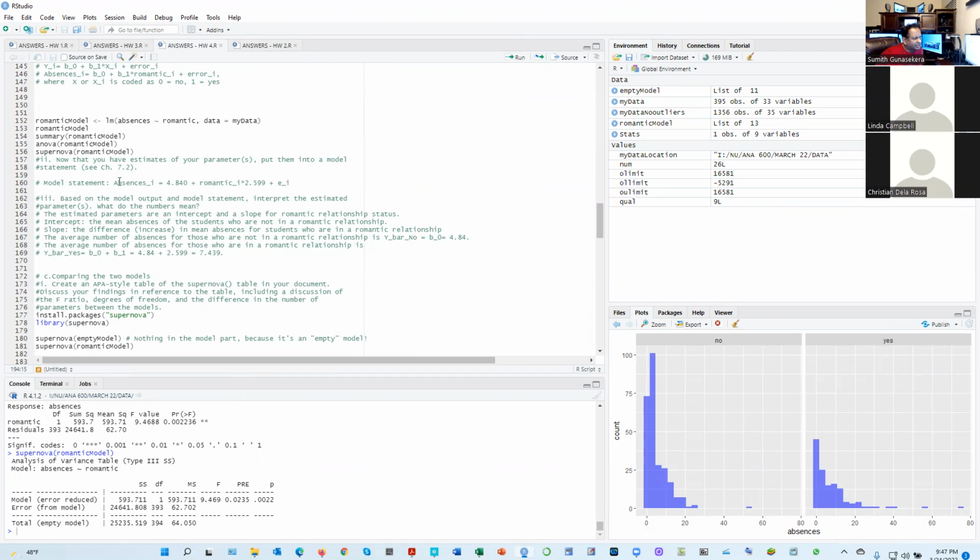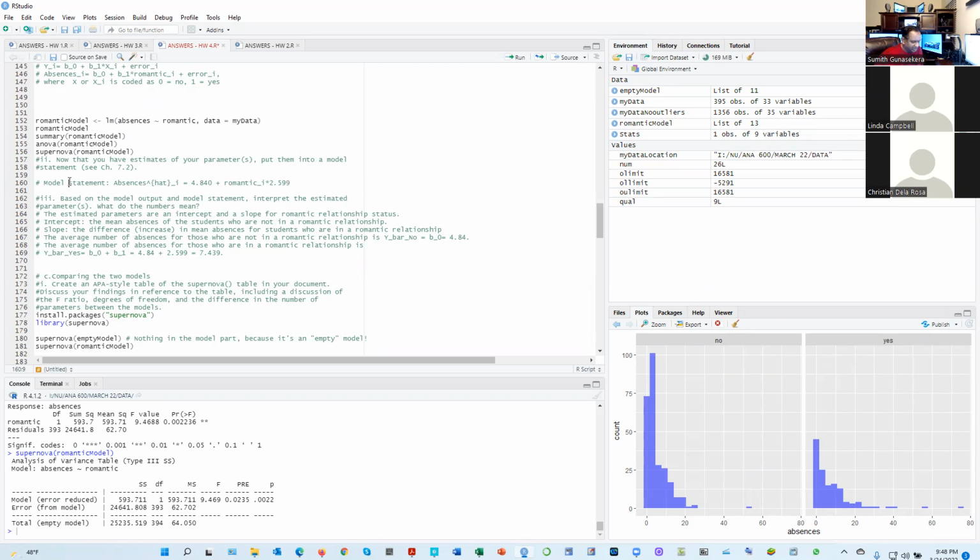I'm going to add something to this. I'm going to put a hat on top. y hat sub i equals the model statement. I don't need the e_i, so I'm going to get rid of this one. That's the model statement.